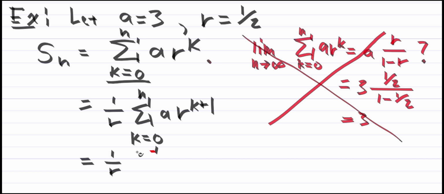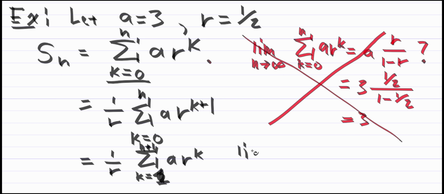And so I have 1 over r sum k equals 0 to n plus 1, a r to the k. Sorry, this should be k is equal to 1 in the re-indexing. And so now I've re-indexed, and so I have something that abides by my formula, but I have a 1 over r sitting out here. So now I know the limit of this thing.